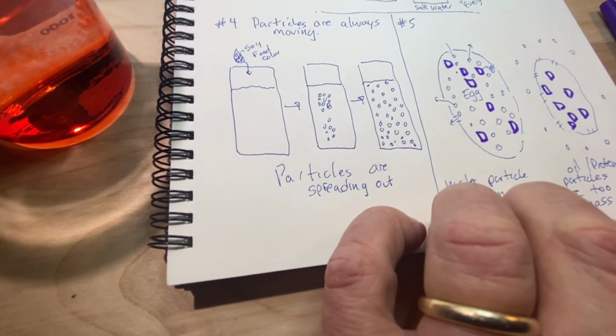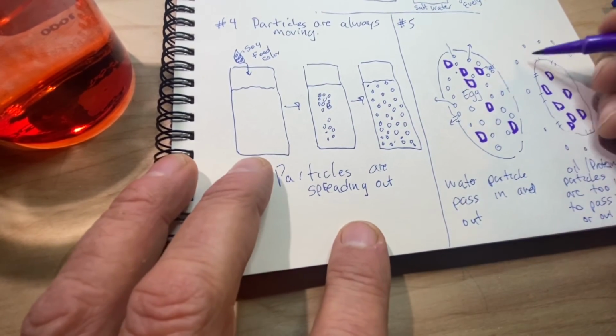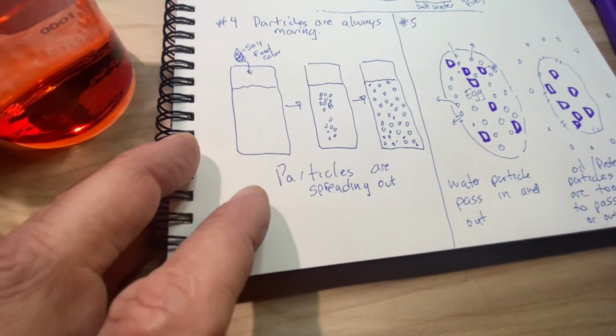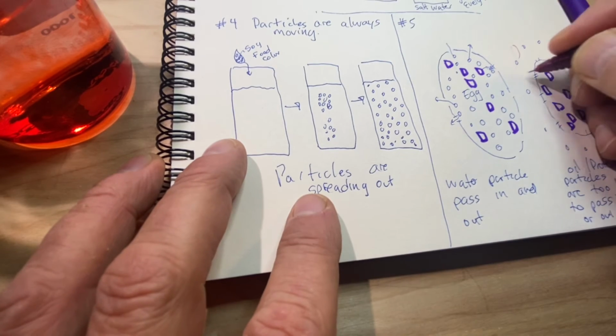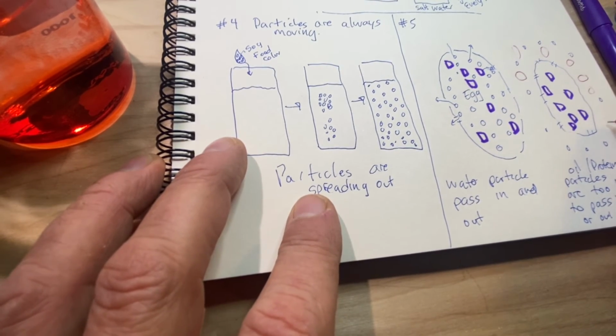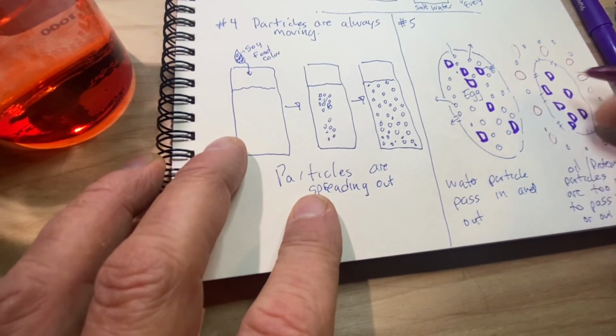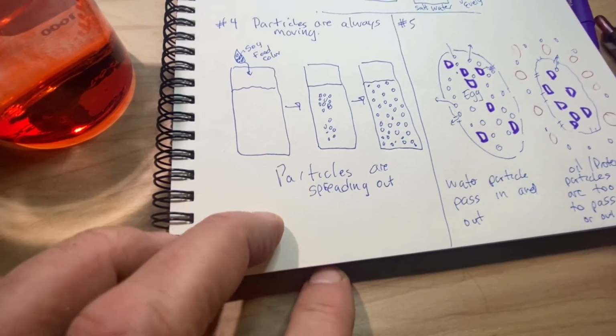And they're basically in or out. So you'll know that they put other objects, if you remember from that video, they put this in other solutions, and those other solutions again had these large particles, and they couldn't go in. So it was only water that could go in and out.